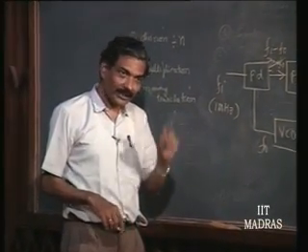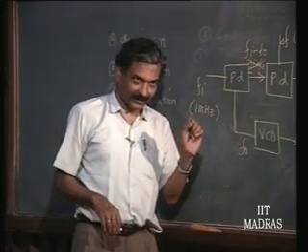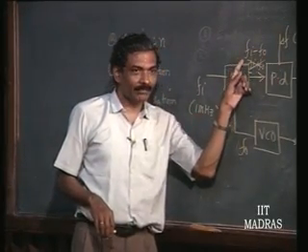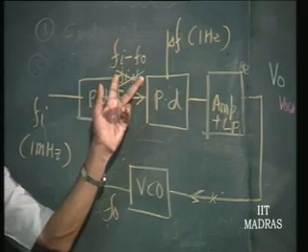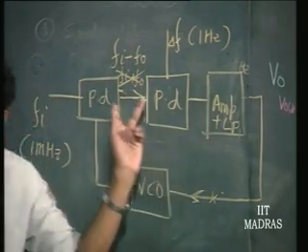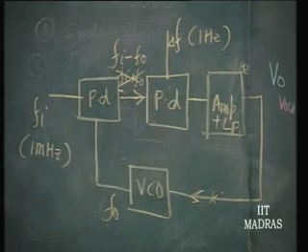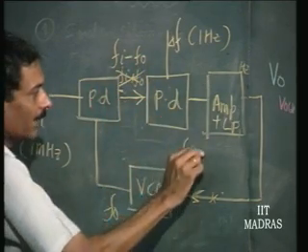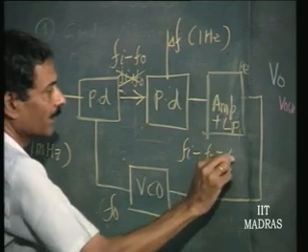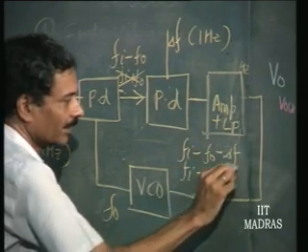Assuming that it is only one frequency which is lower, that is f naught is less than f I, this is possible. Otherwise, what is coming here is f naught minus f I, not f I minus f naught. So, if this is f I minus f naught, what will be the component here? f I minus f naught minus delta f, and f I minus f naught plus delta f.